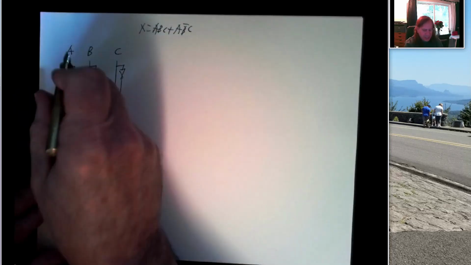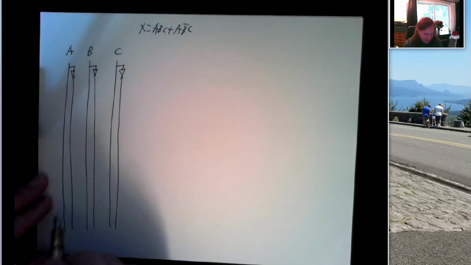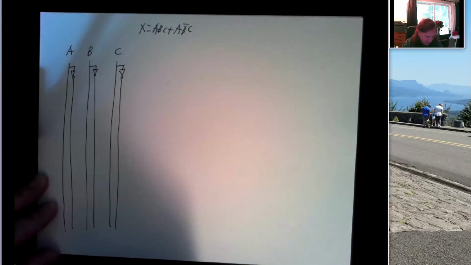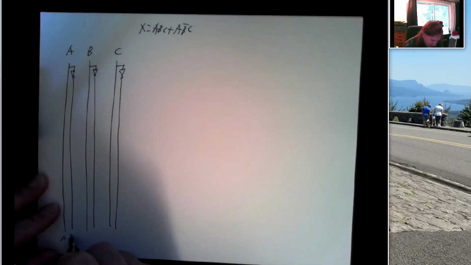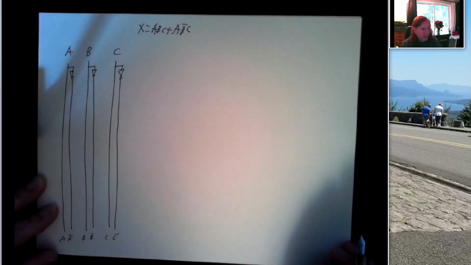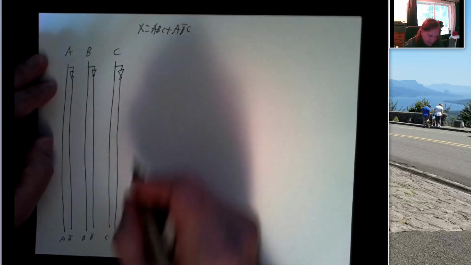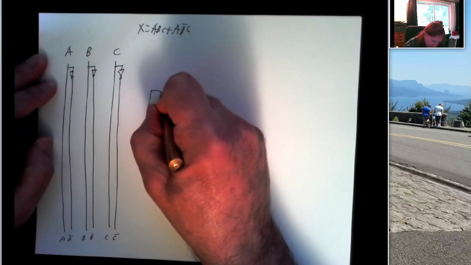So now I have 6 lines running vertically on my page. This is A bar, B bar, C bar. And I'm going to label these at the bottom just to remind me. And now I'm going to start writing my product terms. Well, I need a product term for A, B, C. So I'm going to draw a 3-input AND gate.